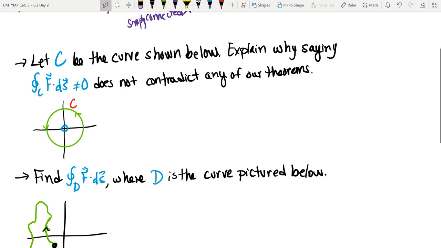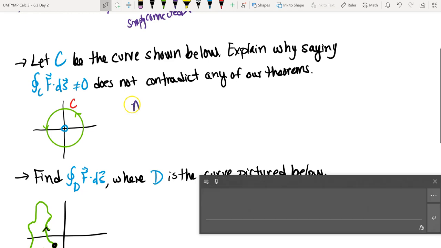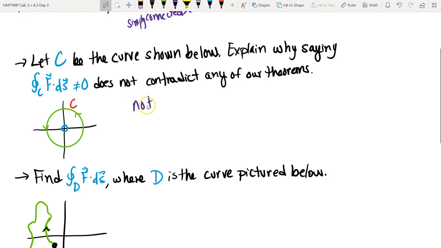Well, in each of those suppositions, to be safe, we went with a stronger condition of simply connected. So it's not simply connected. Okay, so without meeting that criterion, we can't apply any of our conclusions there. So the circulation not being 0 doesn't necessarily mean that f is not conservative.